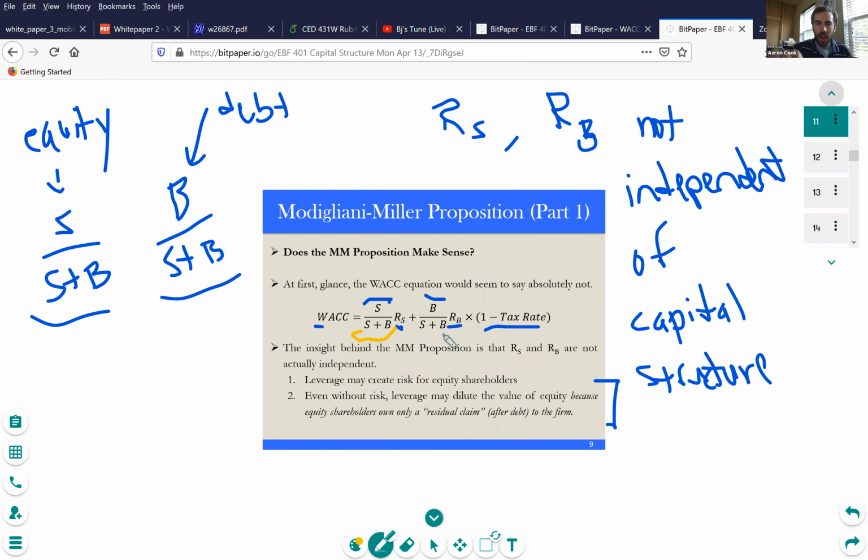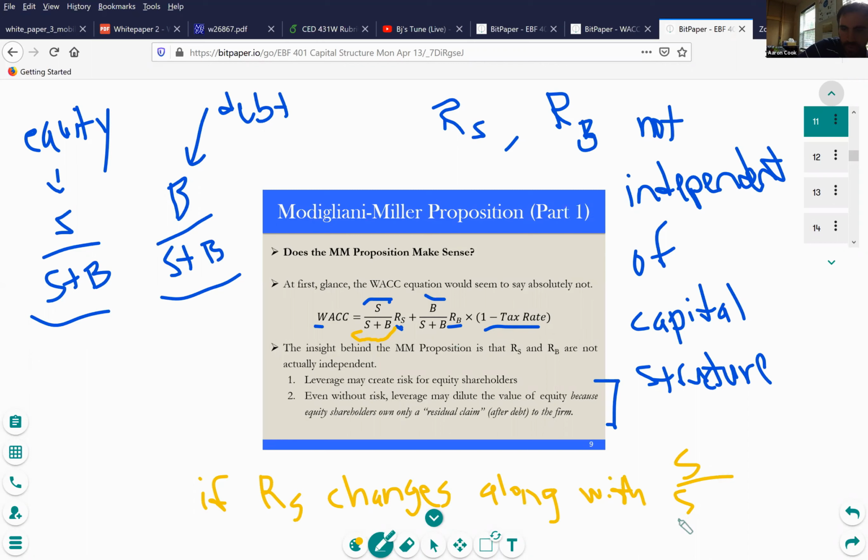But if RS changes along with the equity share, then it's not necessarily the case that the WACC would change once you change your capital structure. And that's what we're going to see, just to preview this next part.